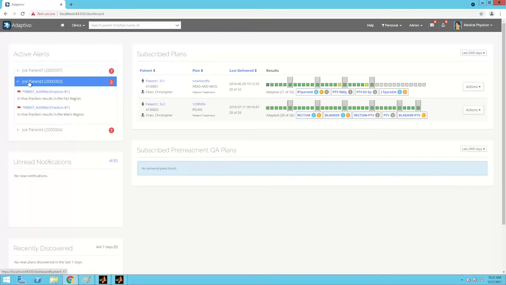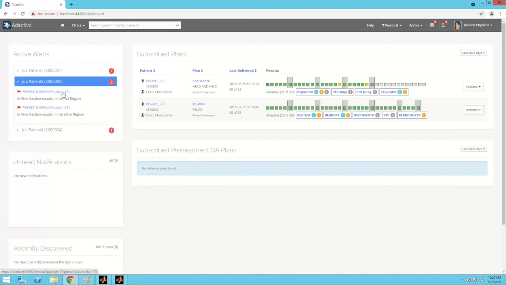But what I'm going to do is go directly into the active alerts for a particular patient, Joe 3, so that you can see what we would review further, because that's primarily the workflow for the physicist on a daily basis: coming in and checking the active alerts, and then of course reviewing at clinic-specific increments throughout the patient treatment.